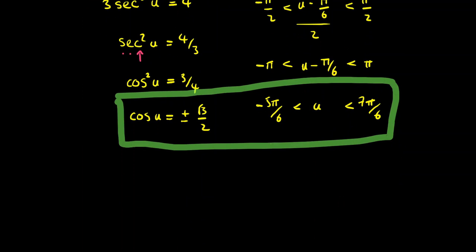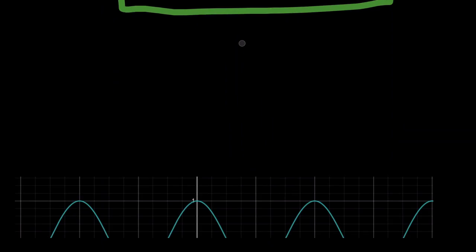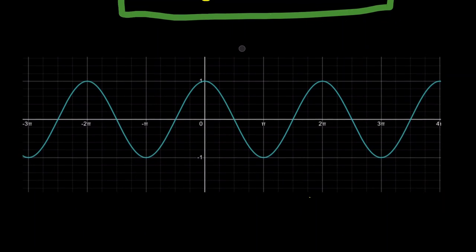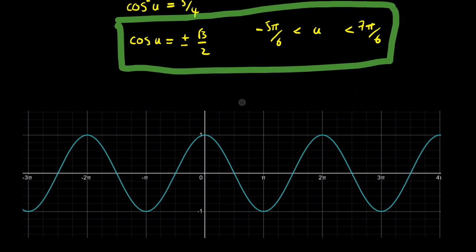Well, we could use the quadrant method and the unit circle and all of that. I'm going to use a graph for this one, if you don't mind. It's good to know 2 or 3 ways of doing these types of questions. If we want to find where cos u is equal to plus root 3 upon 2, well, that's the same thing as trying to find where the graph of cos x intersects with y is equal to root 3 upon 2.